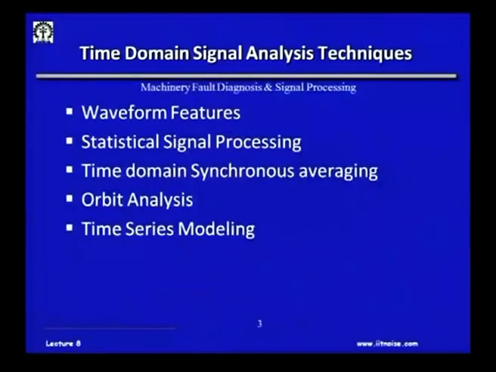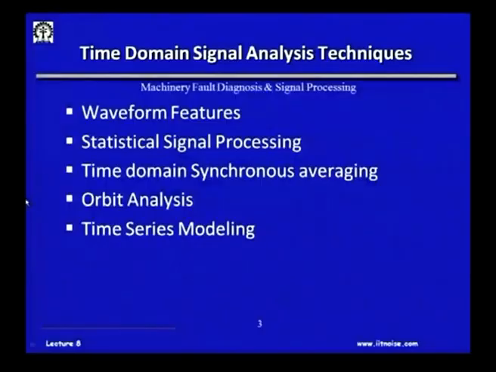Now, as you know, we need to find out the features of the signal. So, in the time domain signal analysis, I have to find out the features of the signal like the RMS value, the mean value, the crest factor, the kurtosis, etc. I can do certain statistical signal processing on these signals.